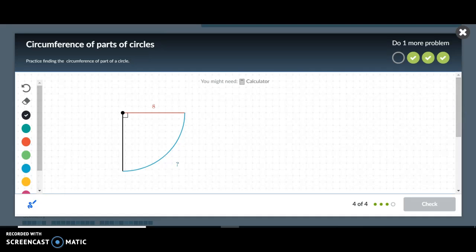All right, I think we have time to do one more. So let's write down a formula. We have to find the circumference of this little slice of pie. All right? Not to be confused with this kind of pie. Circumference is pi times diameter.